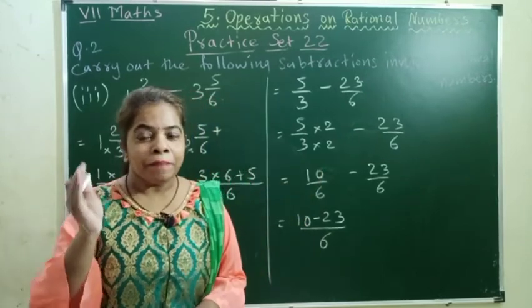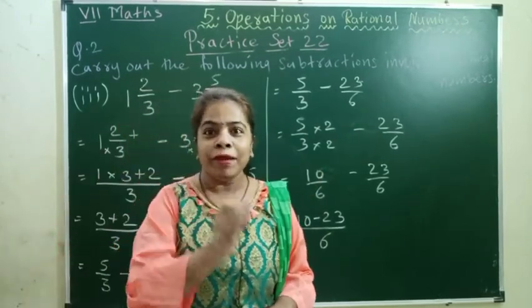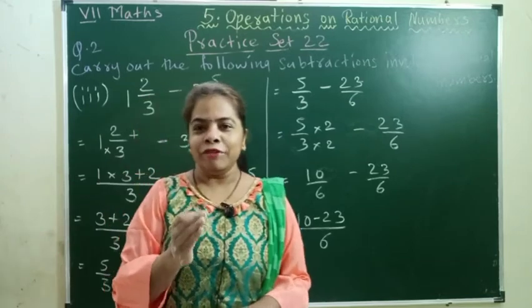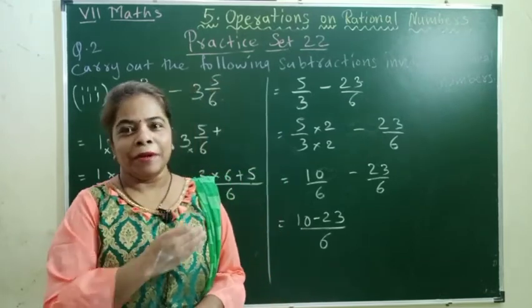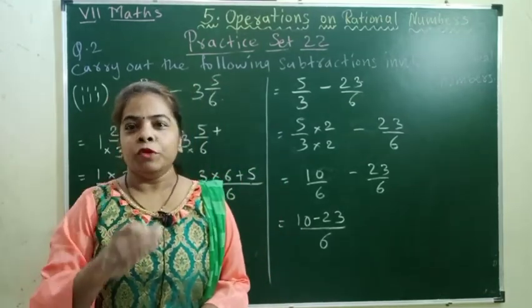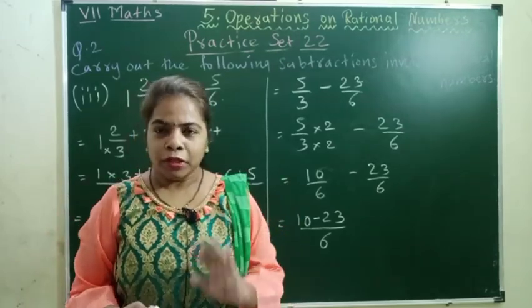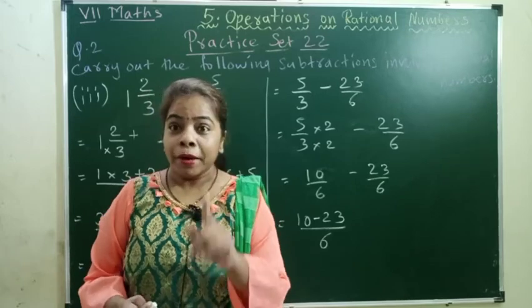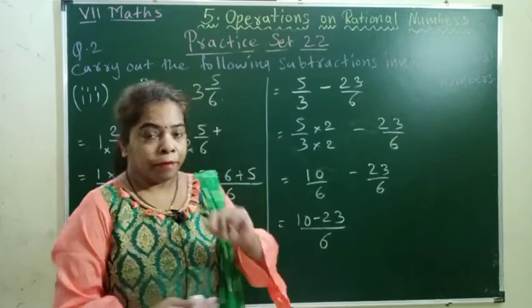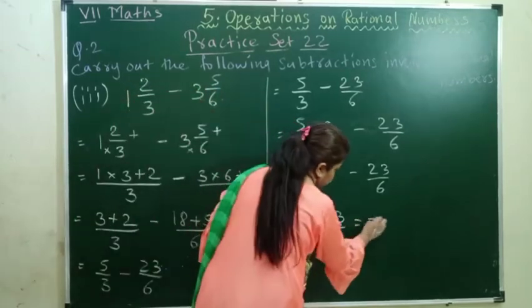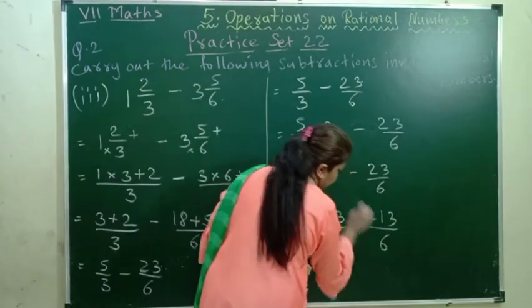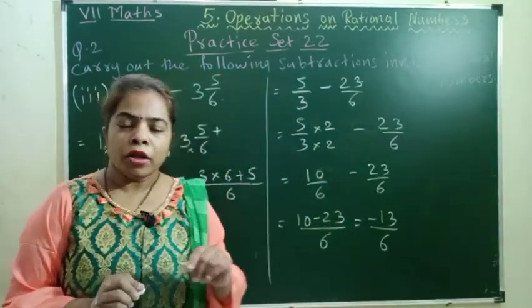And answer always gets the sign of big number. Minus 13 would be the answer, because 10 minus 23 we are going to subtract only. We will get 13, but 13 should get the sign of big number. Minus 13 upon 6.